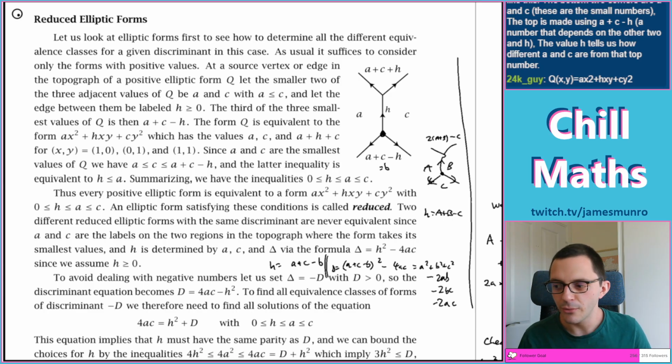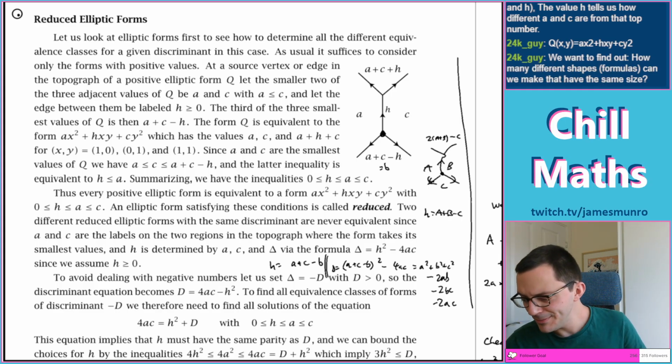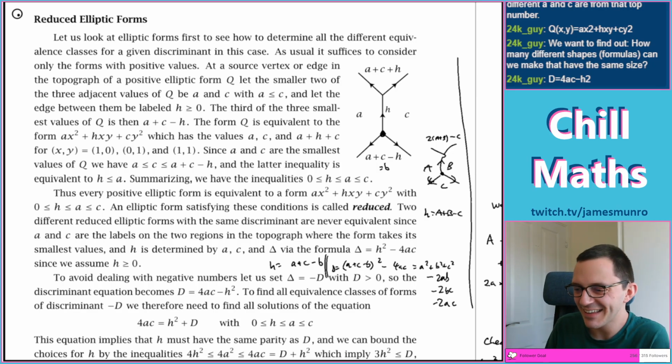Yeah, you're talking about corners of a triangle. Yeah. I don't think we do want to find out how many different shapes have the same size. Do we? It's a topology book for starters. Oh look, here we go. It's happening. Brilliant.